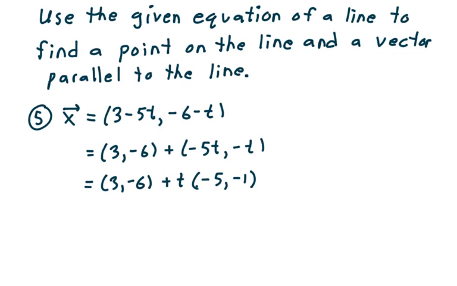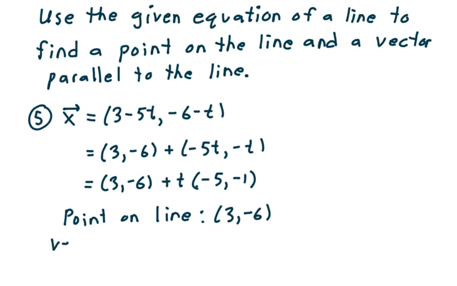So you notice how I'm working backwards the whole time. So the point on the line, I would argue that it's going to be (3, negative 6).